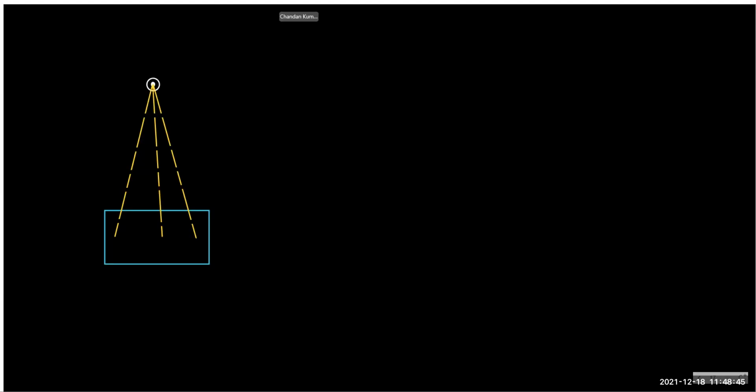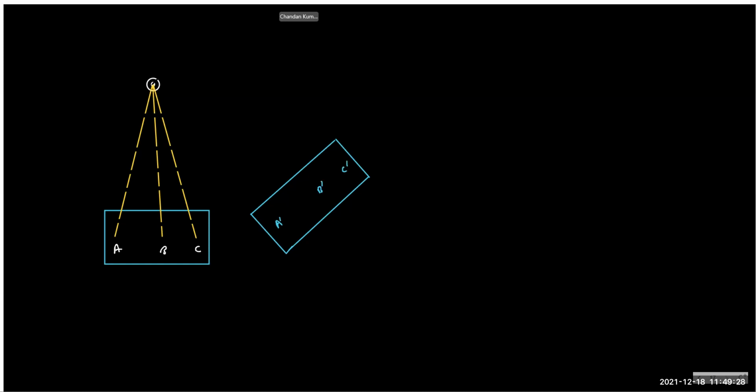Let's call the points which I'm connecting here A, B, and C. After some time, the box goes something like this. So the point A has come here, A dash. B has come here, B dash, and C has come here, C dash.